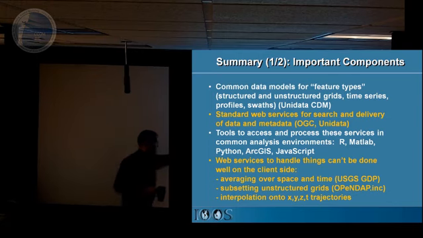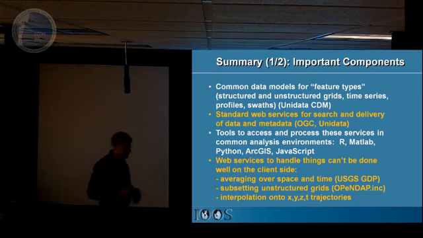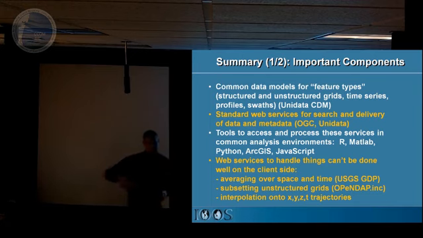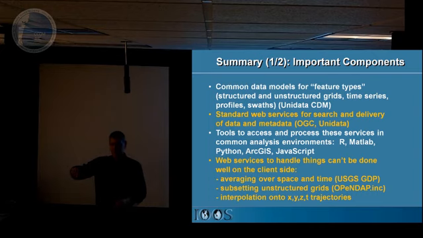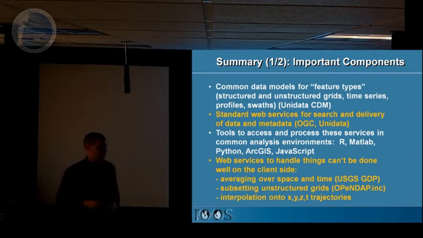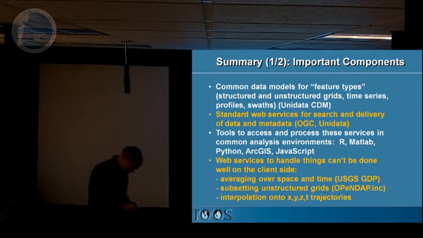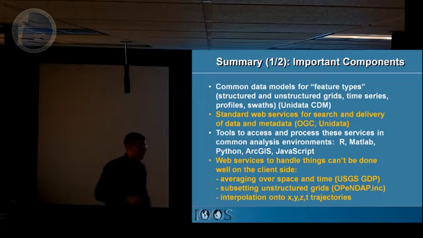Now there are a few things that really should be done on the server side. I've been talking mostly about accessing data and doing stuff on the client, but for some things, like that virtual glider path through the ocean, that's a lot of data to download just to find your little path, which ends up being a few hundred K of data at the end of the day. That script, when I ran it, looked cool.